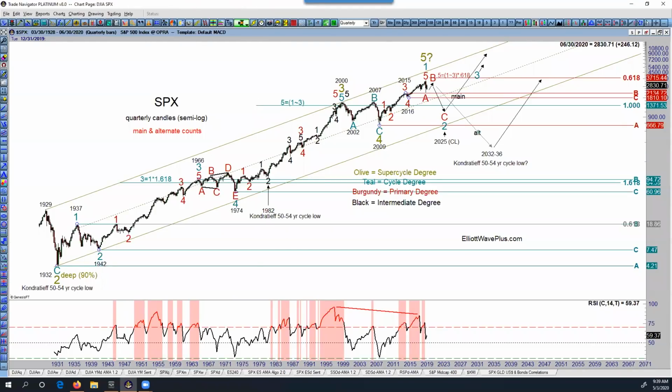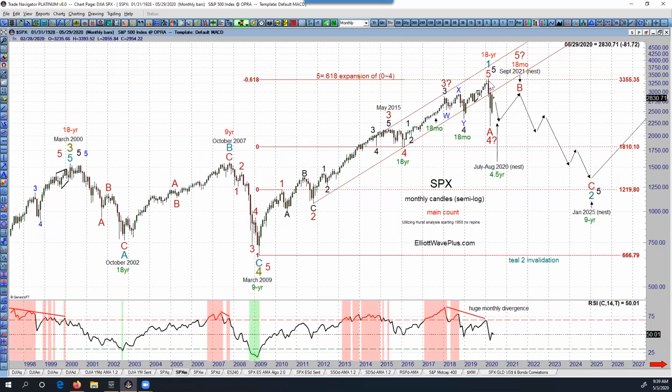So on the S&P, I believe the 5 waves up is finished from the 2009 low, and in my count, because I'm counting that as a wave 1 at cycle degree, we're going to get a big multi-year cycle degree wave 2, multi-year, lasts down into probably 2024, 2025 time frame.